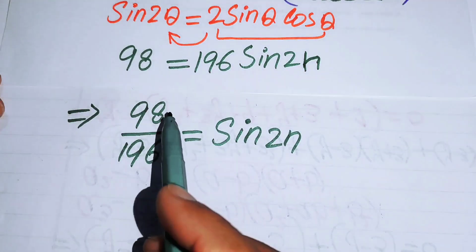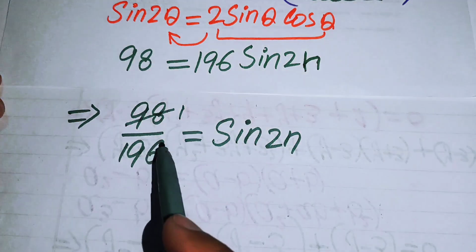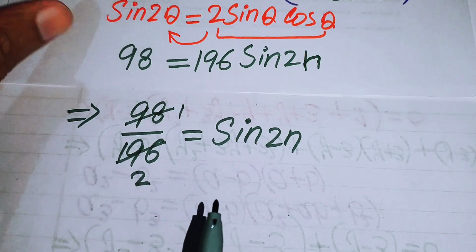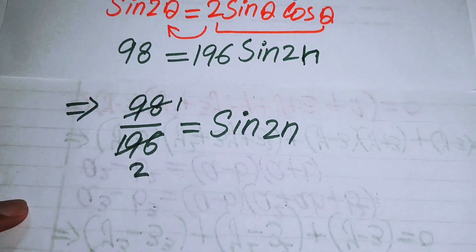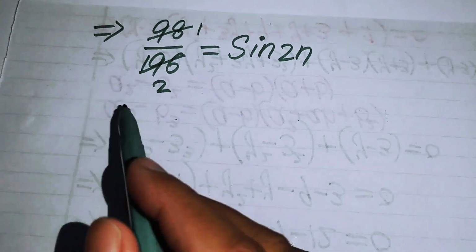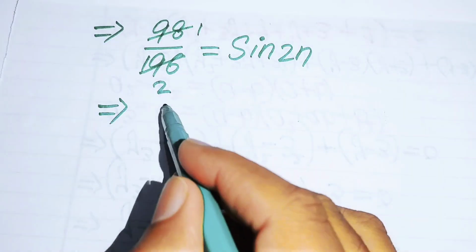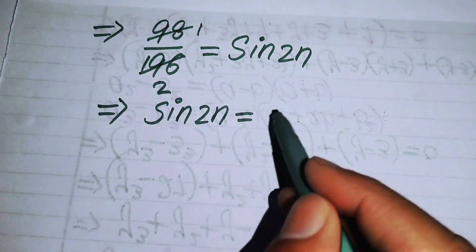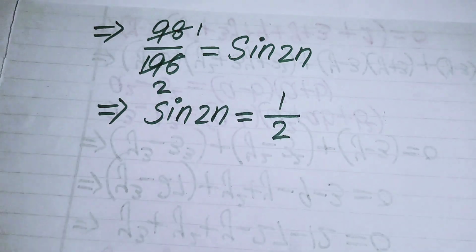Now you see that 196 is 98 times 2, so we can use these cancellations. After the cancellations we get sine of 2 times n equals 1 over 2.